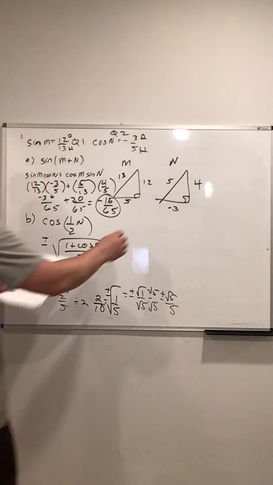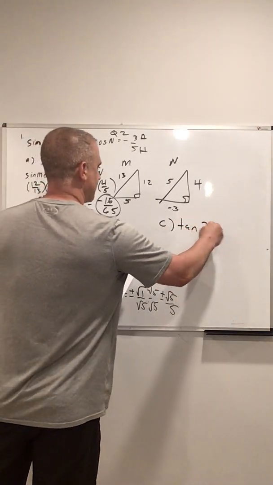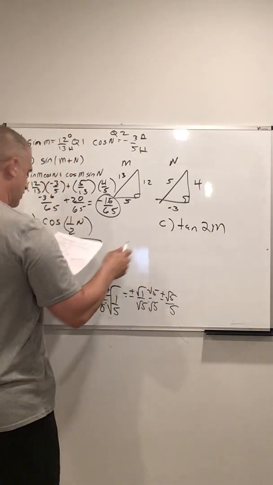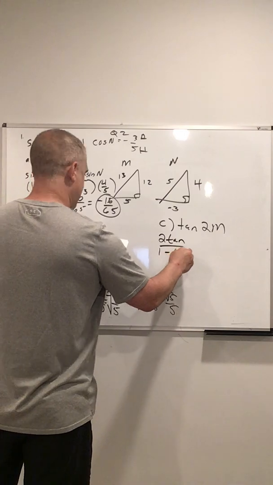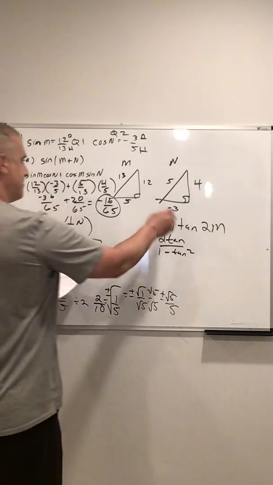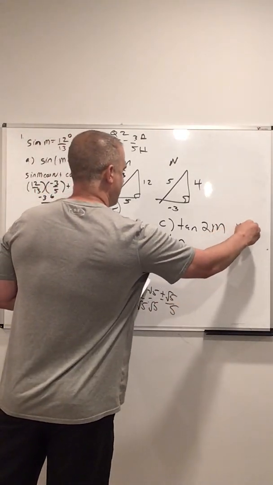All right, and then part c is the tan of 2m, and that formula is 2 tan of m over 1 minus tan squared of m. In this case we're doing m, so the tan there is 12 over 5.